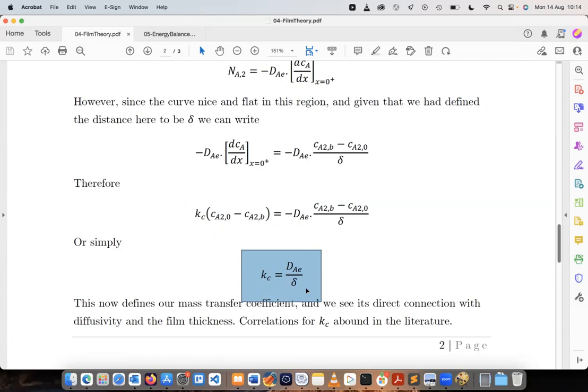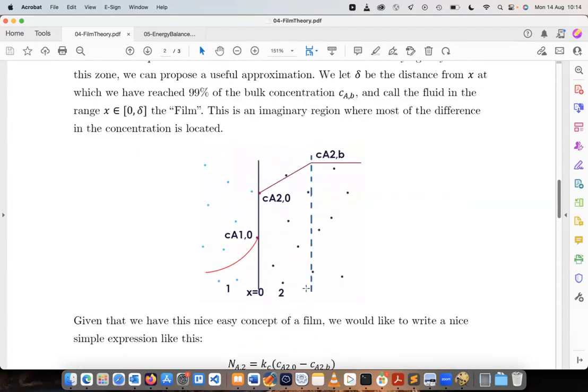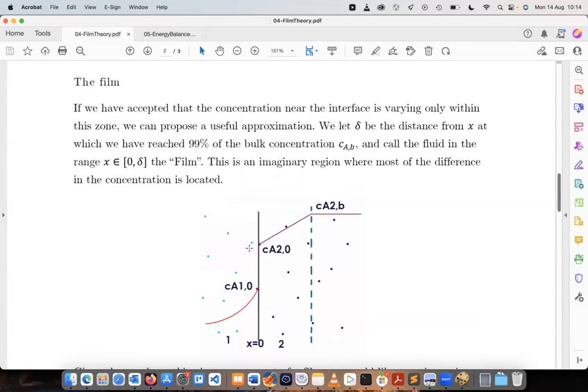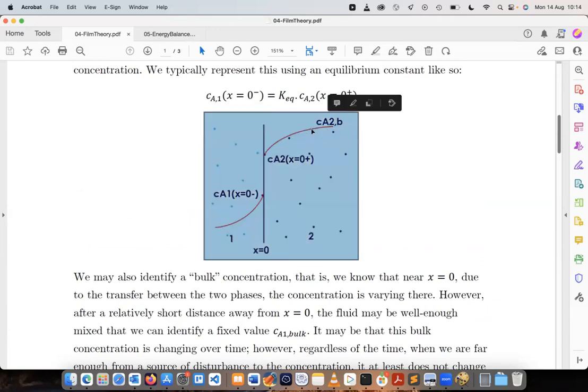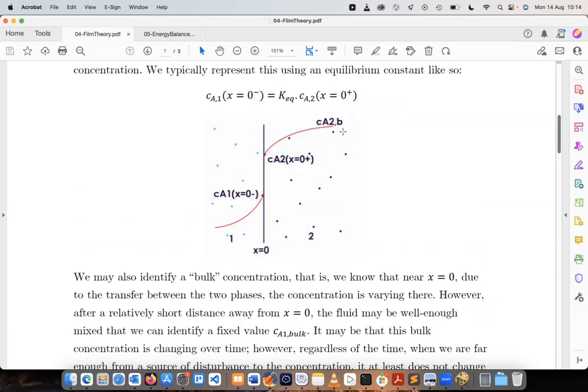Now, that film thickness is somewhat complicated. Let's go back to the strict case. We know that these gradients never actually die out. Near the point of action, you've got a sharper gradient, but as you go away, this gradient dies out slowly, but it never does die out, because the gradient going lower and lower means the diffusion flux goes lower and lower.